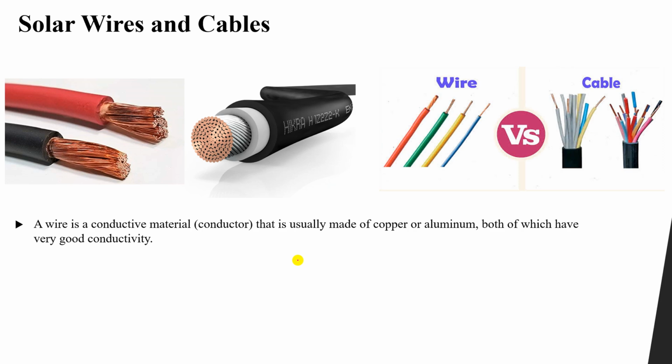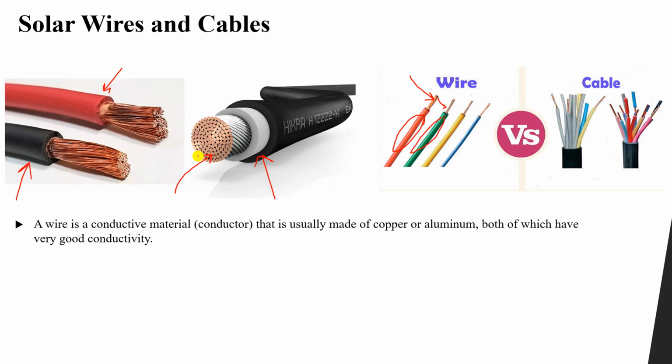As an example of the wire, you can see this one is considered a wire consisting of a group of conductors, another wire consisting of a group of conductors, and so on. This one is also a wire, and this one is also a wire. One wire consists of a group of conductors inside it.